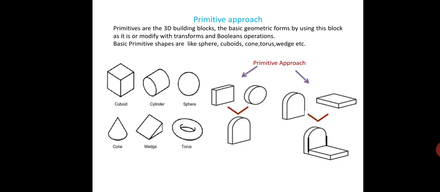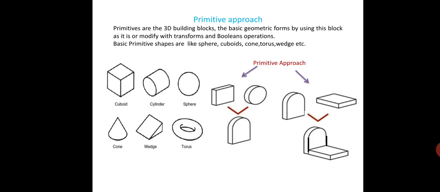Means we can simply add or subtract standard shapes to get a desired shape. Basic primitive shapes are like sphere, cuboids, cone, torus, wedges. These are the different standard primitives available.